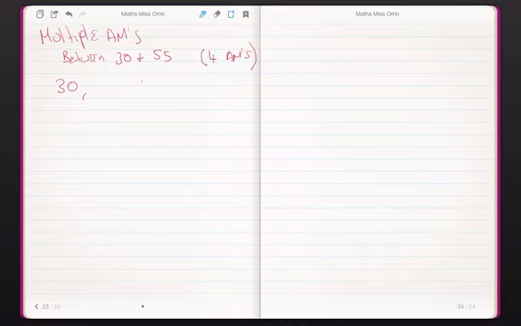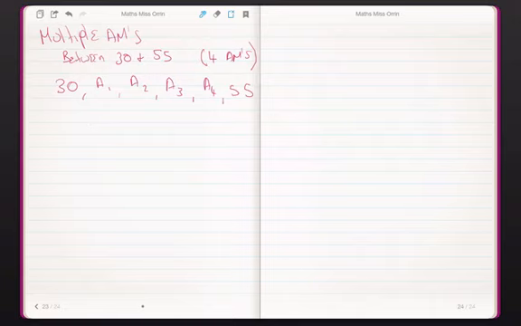Now, all that means is that there are 4 numbers in the middle. 1, 2, 3, 4, 55, okay? So we're actually going to have 4 different arithmetic means. We'll call them A1, A2, A3, and A4, okay? So really what that means is there are just 4 numbers in between and they're all an equal distance from each other, okay?